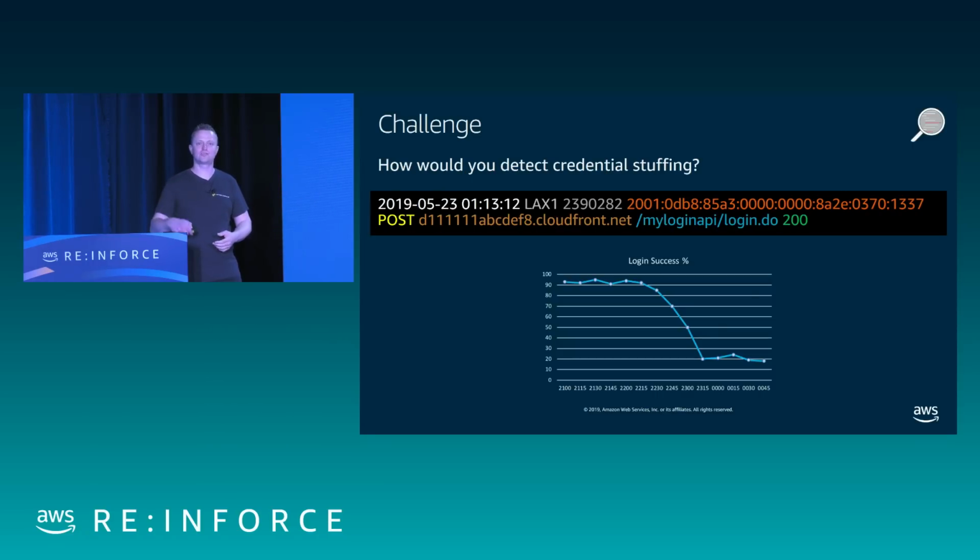They're going through and trying that password database until they get a correct password with a correct username. The ramifications can be quite large. This is a really good example of how you can detect a credential stuffing attack. It's not the only one, it's just a good example.